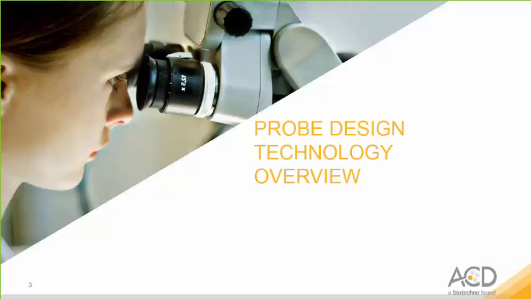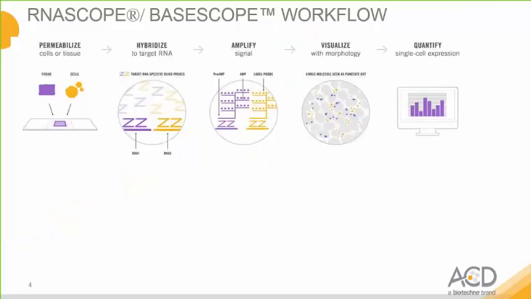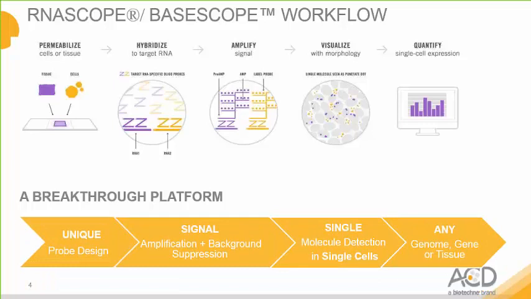Let's begin by reviewing our probe technology. RNAscope and BaseScope is based on proprietary in situ hybridization technology with unique probe design and signal amplification. This platform has the sensitivity to detect most genes in situ, as well as simultaneously quantify multiple RNA transcripts.